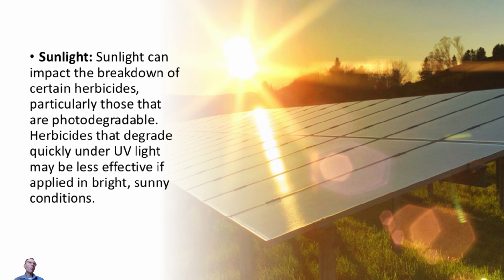Whereas areas out west in the desert, you may have a lot more days that are sunny, and it doesn't really matter what time of the year because there's not a lot of cloudy days in places like Phoenix, Arizona. So just keep in mind you need to understand the impact the UV rays are going to have. You can even look at the UV forecast. If you go online, a lot of places you'll see a UV index forecast. That'll tell you what the UV light looks like over the next few days.